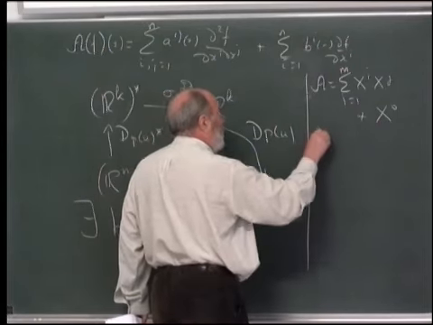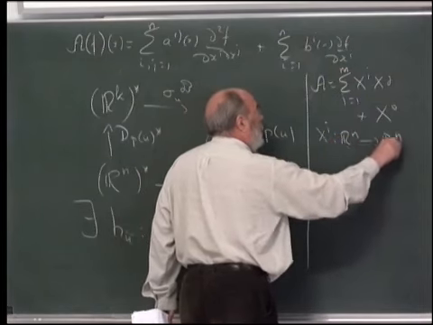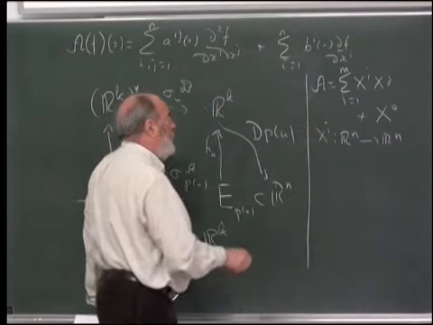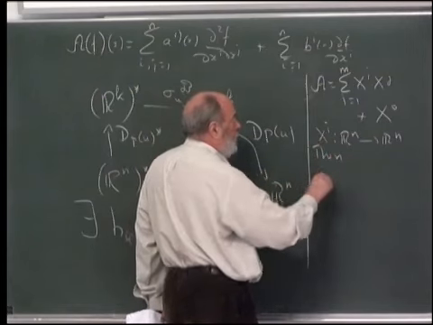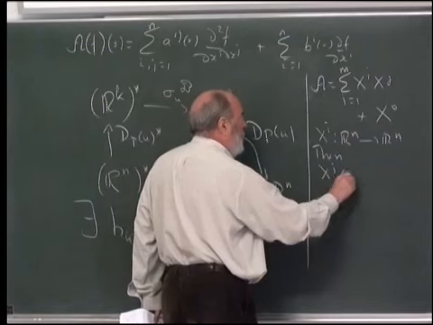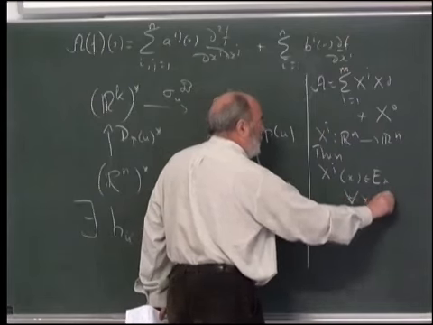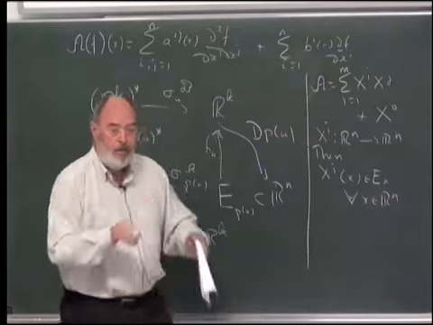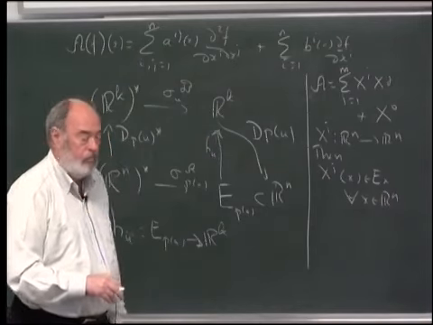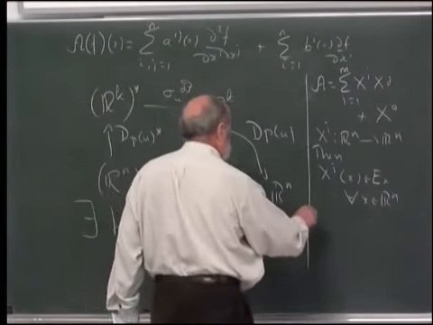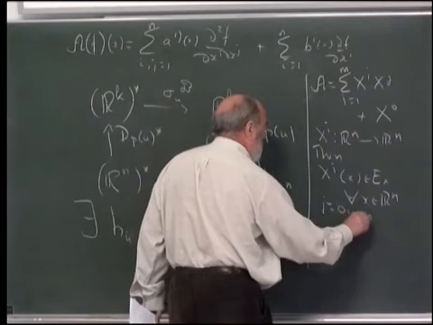So the X_j's here will go from R^n to R^n, the smooth vector fields. Then cohesiveness implies that X_j of x belongs to E(x) for all x in R^n. So somehow or other, everything is happening in this subspace. And X_0. Yeah, that's the main point. j equals 0 up to m.